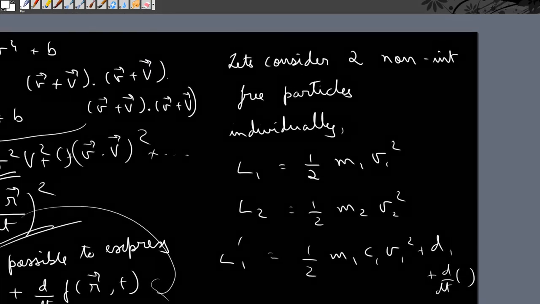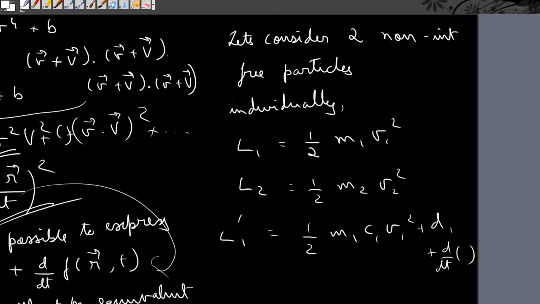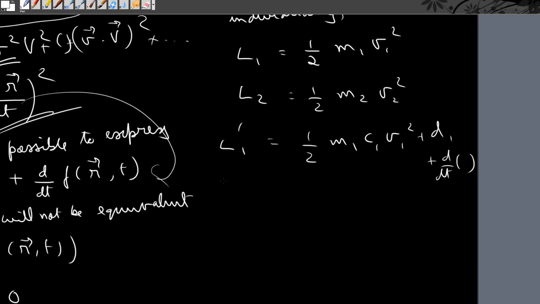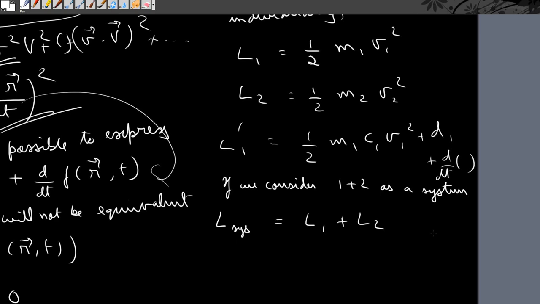But what happens if I consider the two non-interacting particles as an entire system? So if we consider 1 plus 2 as a system, that is, we consider both the particles together as a system, then L system, as we saw in our previous lectures, will be given by L1 plus L2.